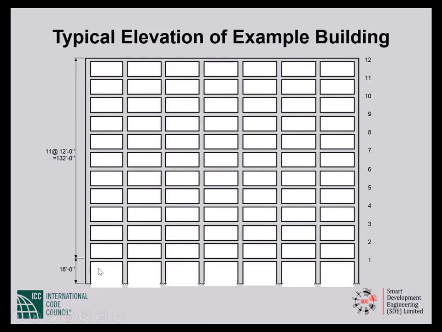That made it a soft story building going by the ASCE 7 definition: story stiffness less than 70% of the story stiffness above, or less than 80% of the average stiffness of the three stories above.